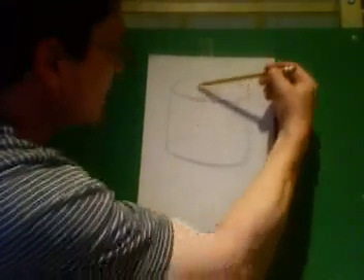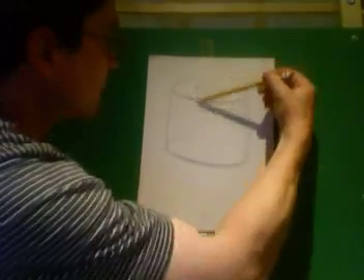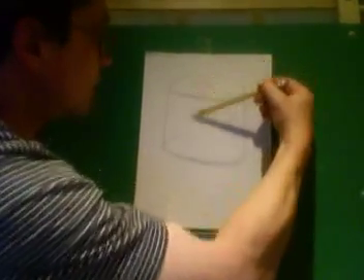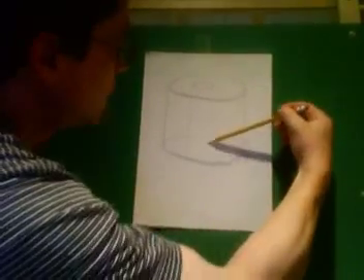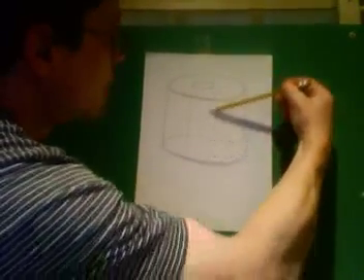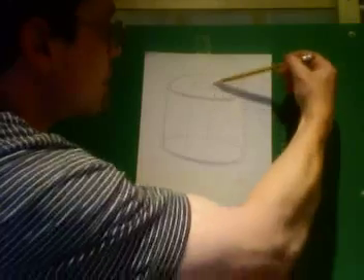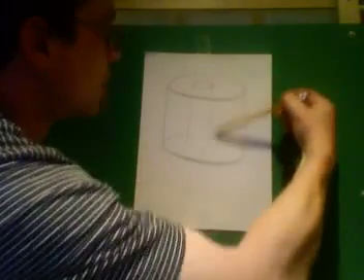Now I'm going to do the same thing at the bottom, but to keep it centered, I want to draw my line straight up and down first. Right? And the other one. Once they show up, I stop.